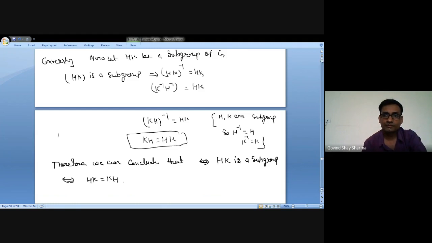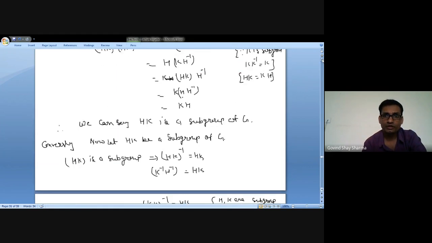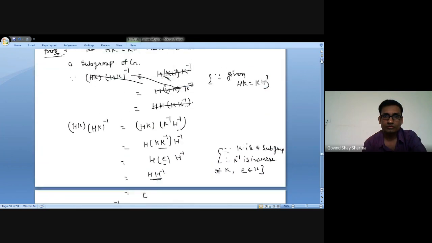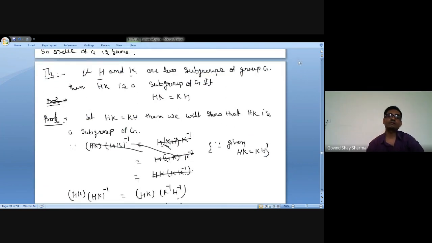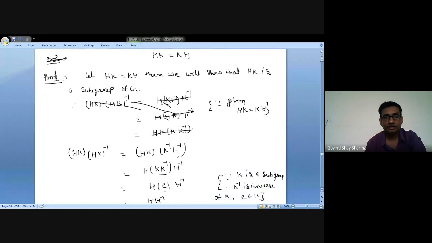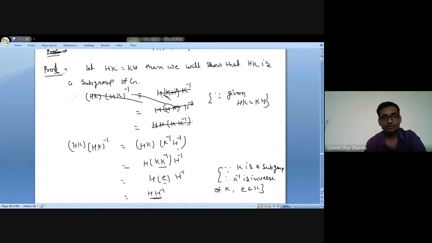This is again, I can explain: given H and K are two subgroups of G, then HK is a subgroup of G if HK is equal to KH. So first we take HK is equal to KH.